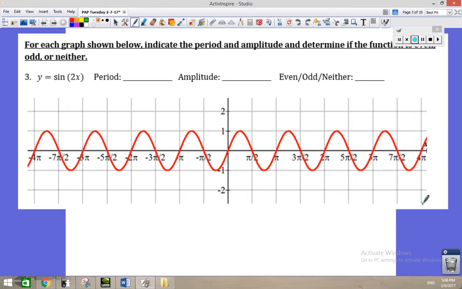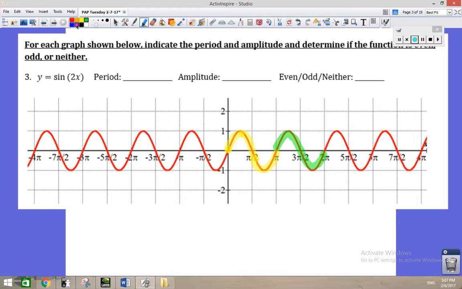Alright, so here they've done the graphing for me and I just have to read the graph. So for the period, it's the length on the x-axis that it takes to complete one cycle. If I start here at the origin and I go up and then I come down and then I go back to pi right here, that's completed one cycle, because now this up and down pattern just continues to repeat.